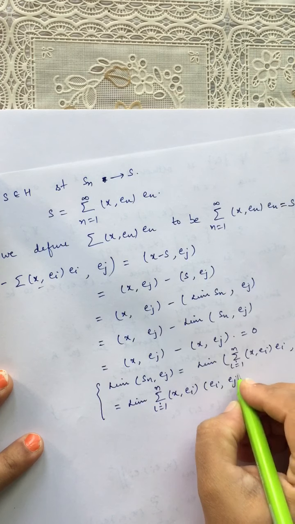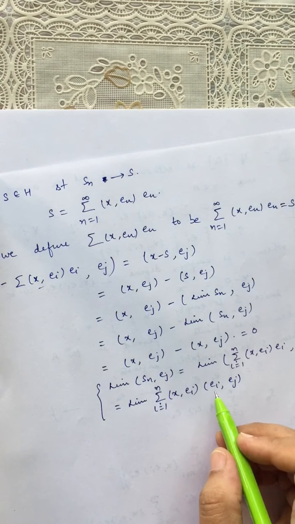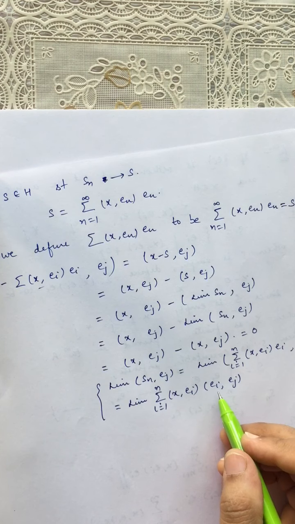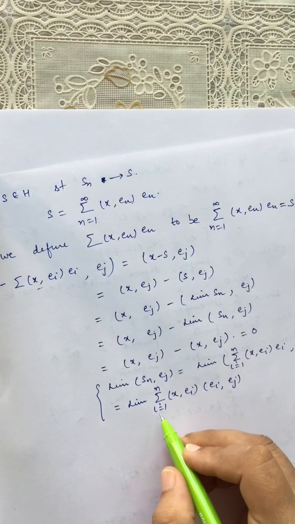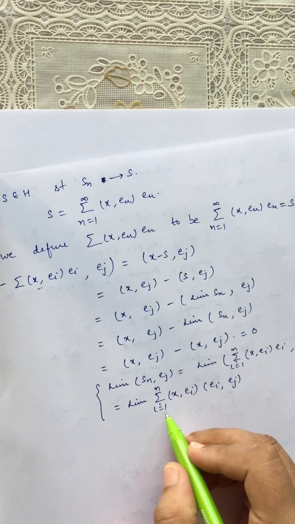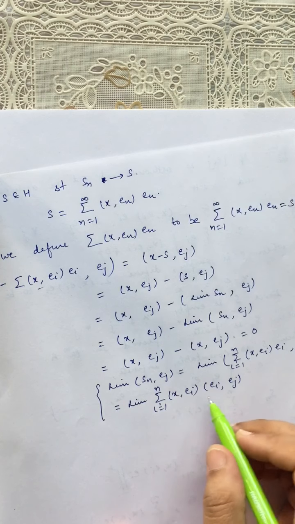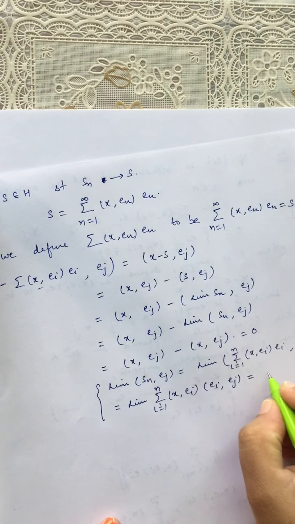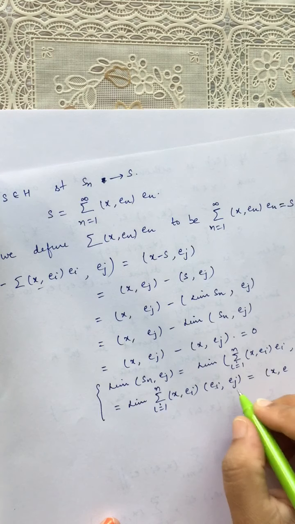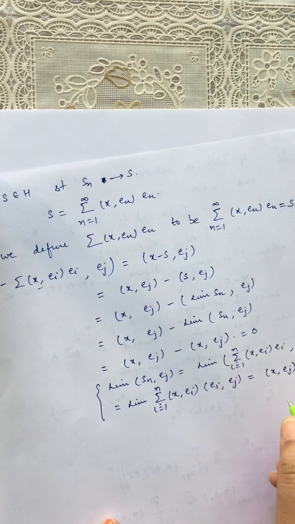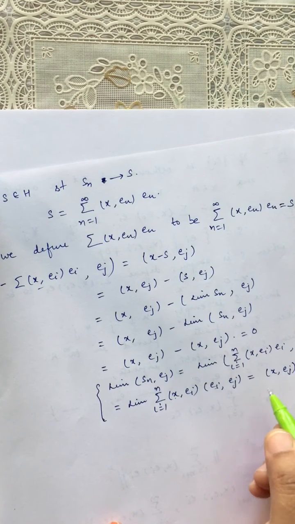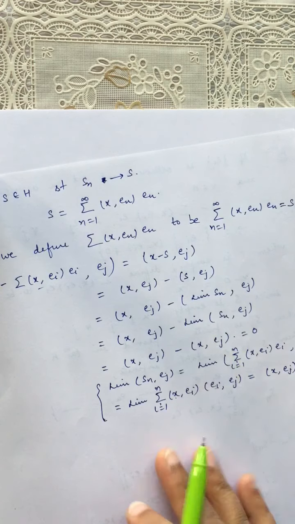So all these ⟨e_i, e_j⟩ are 0 except when i is equal to j. In this summation, only the term where i is equal to j is left, because for all other terms where i is not equal to j, this inner product will be 0. So that term will be just ⟨x, e_j⟩ times ⟨e_j, e_j⟩, which is 1. So ⟨x, e_j⟩. That's why this limit is equal to ⟨x, e_j⟩.